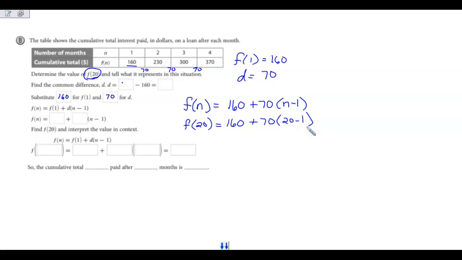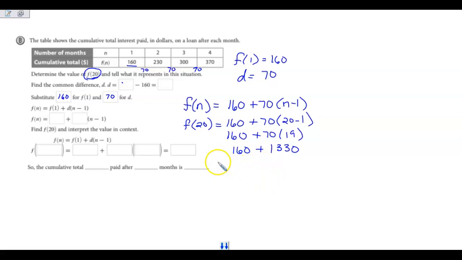Okay, so 20 minus 1 is 19. So I have my 160 plus 70 times 19. And if I multiply 70 times 19, I get 1,330 plus 160.